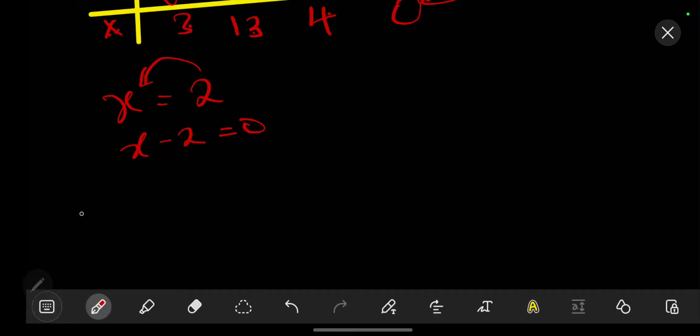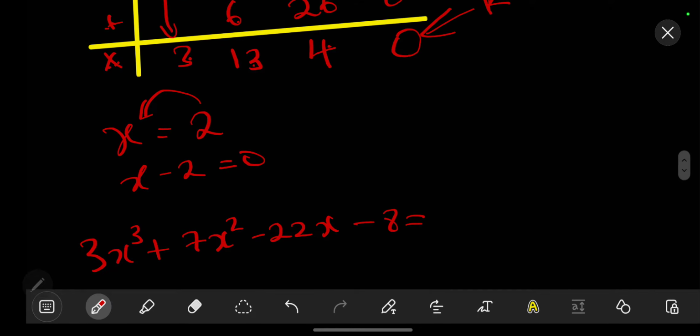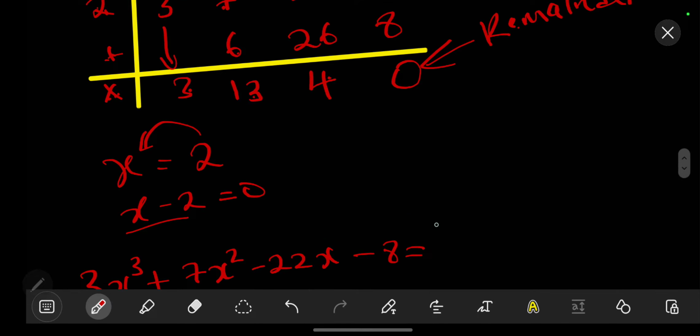Our equation, which was our 3x to the power 3, plus our 7x to the power 2, minus 22x, minus 8 should be equal to we are going to write our first factor, which is our x minus 2. You multiply it by, since the highest power here is 3, it will reduce.